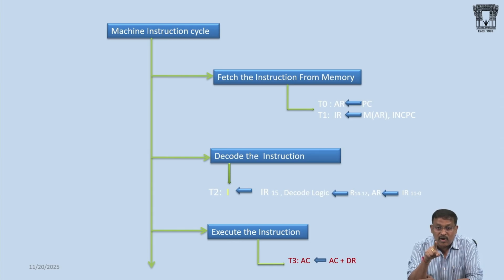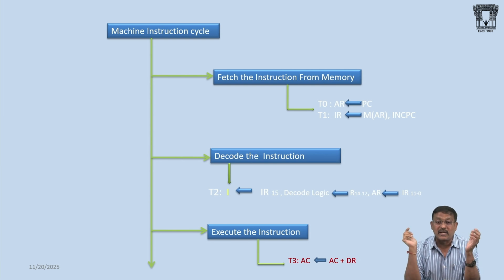That means you are accessing the memory location to get the data. This is the memory read operation. Read the data from the memory, the address of which is loaded by the AR register, that is the address register, and the extracted data is transferred to the data register. One data you loaded into the data register.